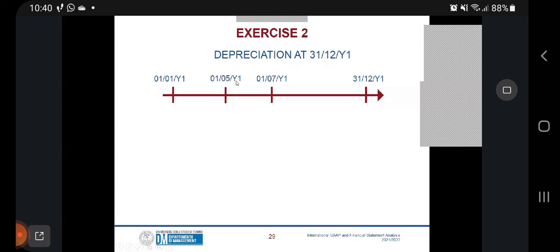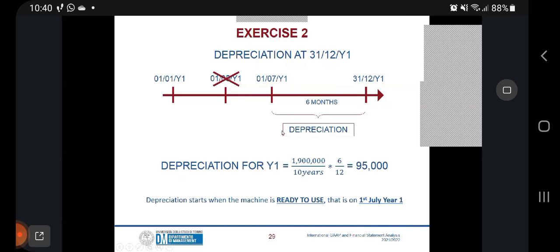And that's the reason why, in order to compute the depreciation charge for the first reporting period, you have to consider just the 6 months from the 1st July to the last day of the reporting period. That's why depreciation for year 1 is equal to 1.9 million out of 10 years multiplied by 6 months, 95,000.